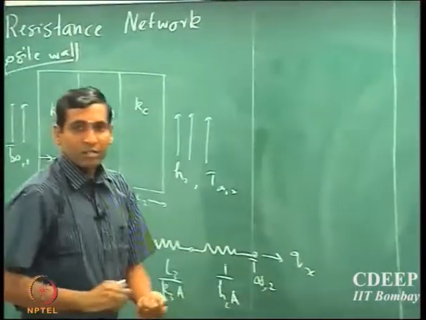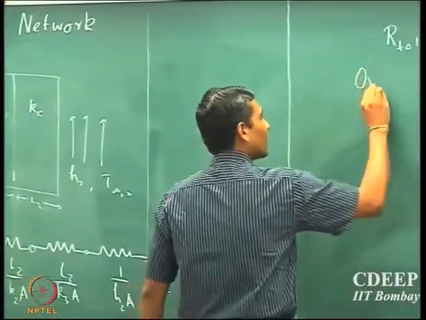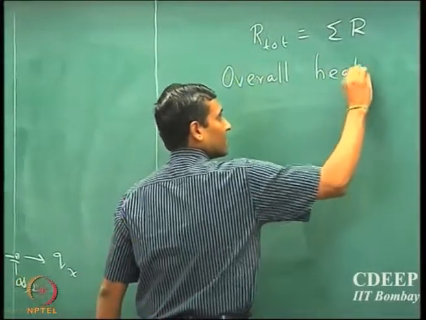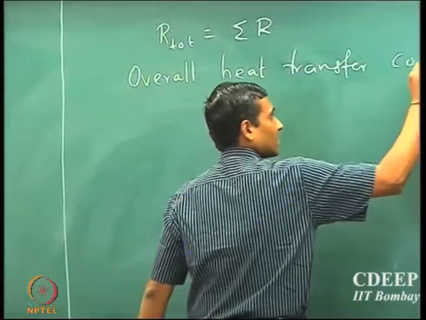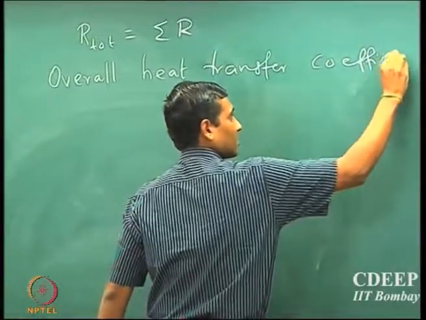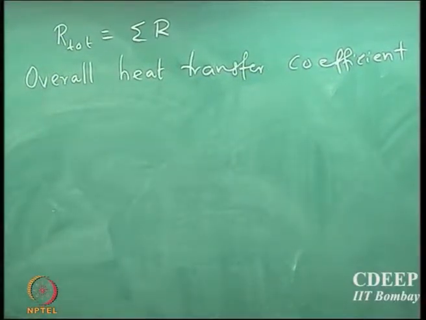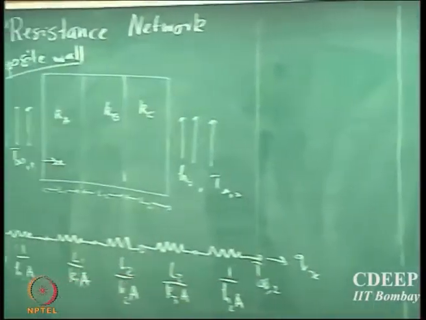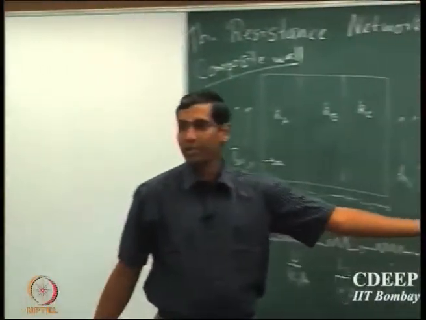Now what we are going to start with in today's lecture is we are going to look at what is called the overall heat transport coefficient. Okay. So one could define an overall heat transfer coefficient, and the reason for doing that is ultimately from measurement point of view. In practice, what I would measure is the temperature here and temperature here.